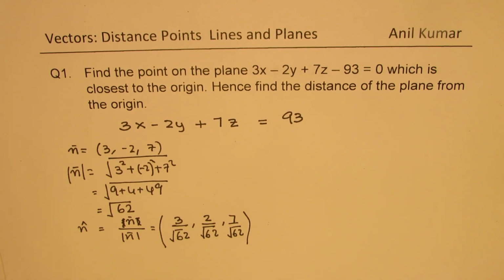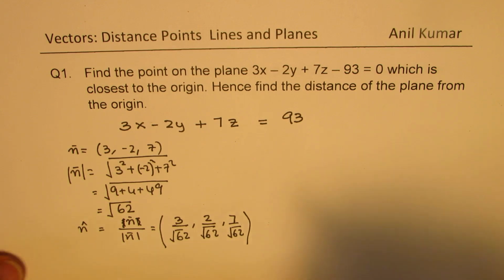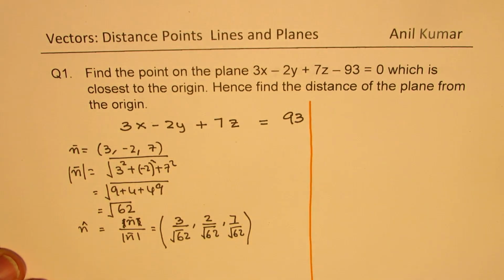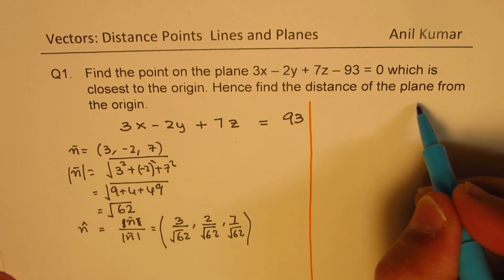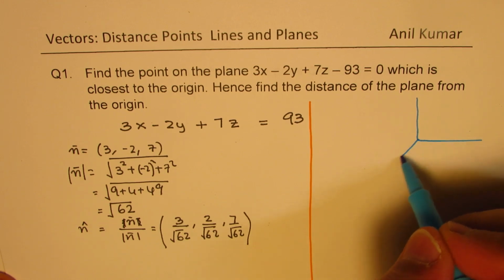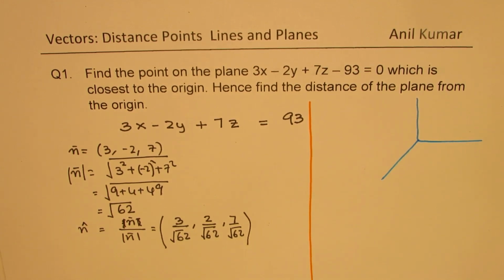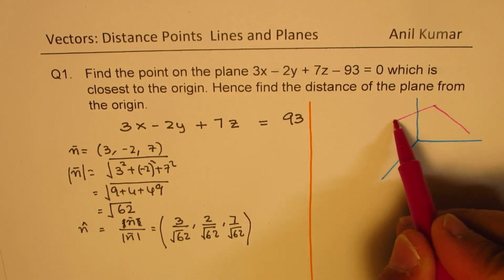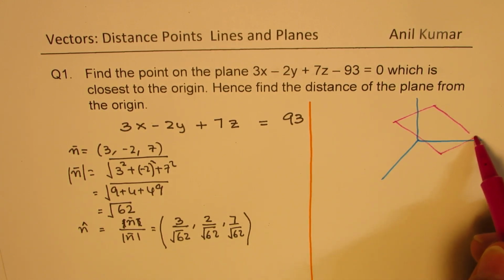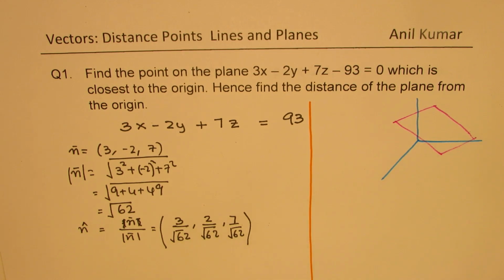Now to find the distance, how do you do it using this equation? As you understand, a plane is defined as follows. Let me just sketch one here. If you have a plane here, let's say something like this. When you're trying to define a plane, you actually figure out the normal, right?